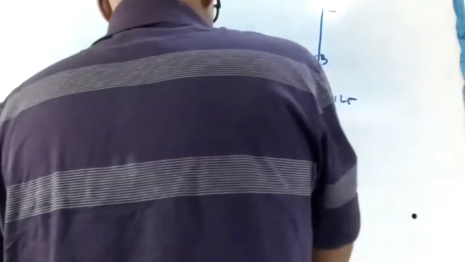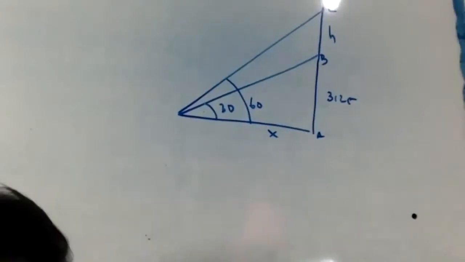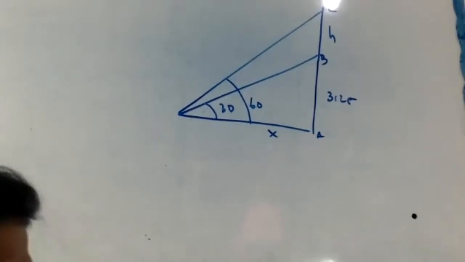See, this is the point of observation. First angle is 30 degree. Next is 60 degree. Okay, this is H, here X. Okay, try now. Figure okay. Now, previous question is above, this is below. Okay, that's important thing.